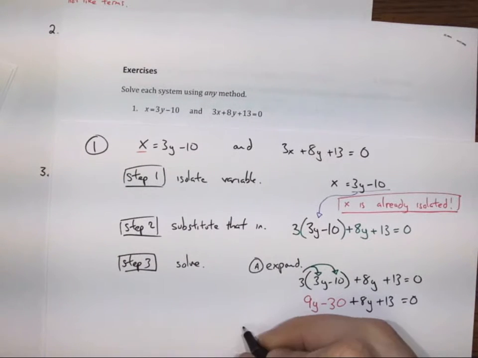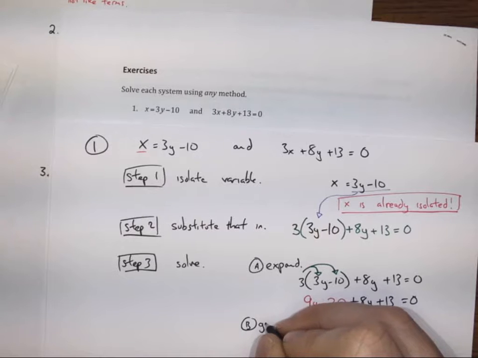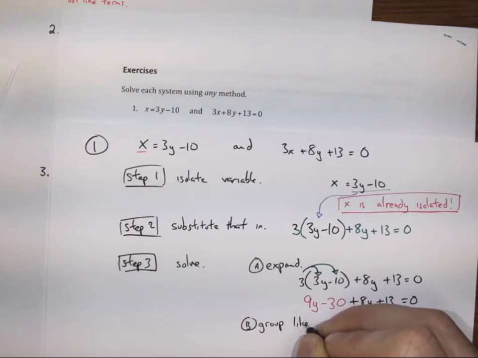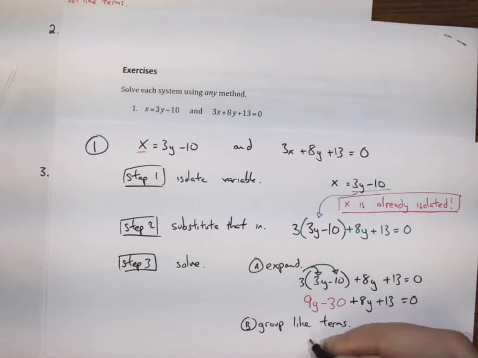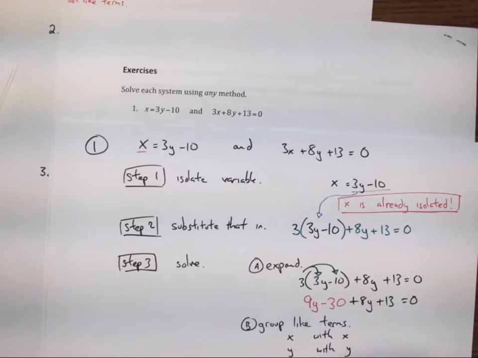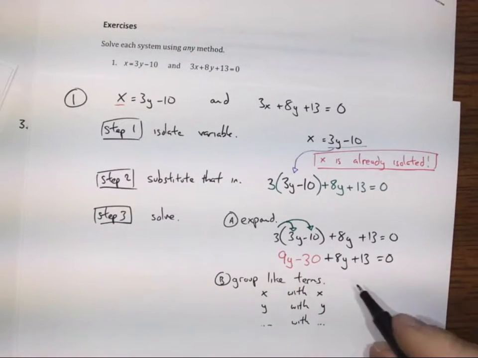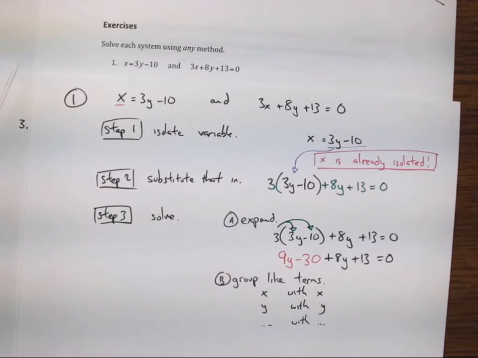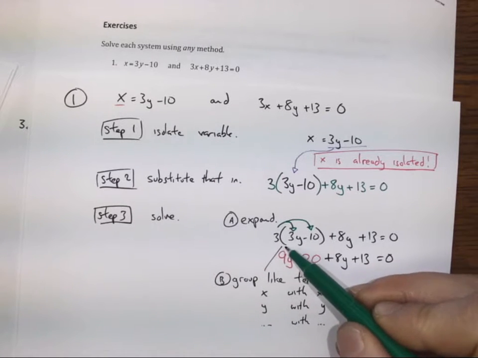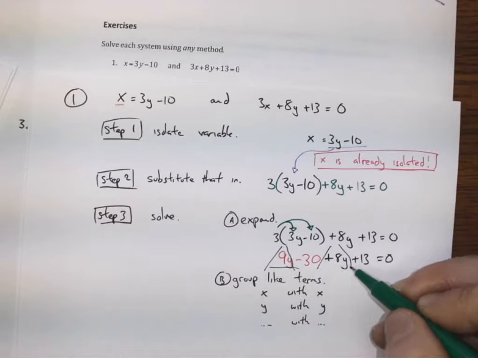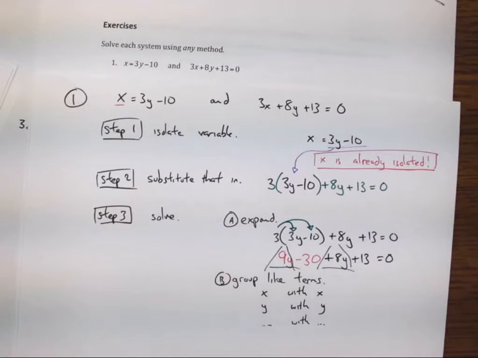So that's part A, as we expand. Part B is we are going to group like terms. So that means x's with x's, y with y, and constants with constants. So if I look here, it looks like we have some like terms. We have a 9y and an 8y. They're going to group together.